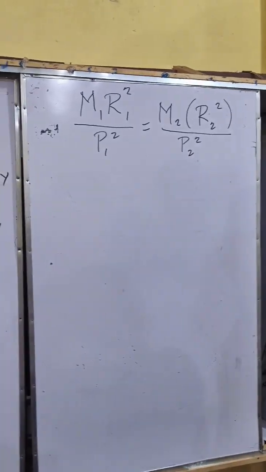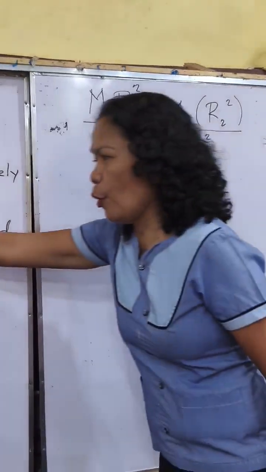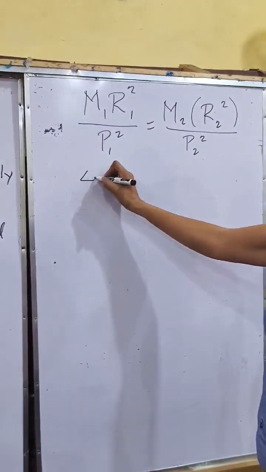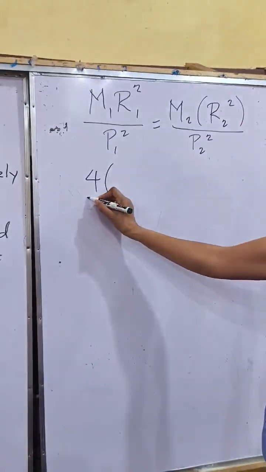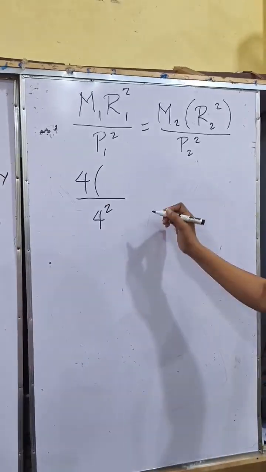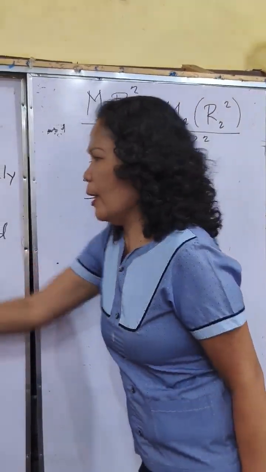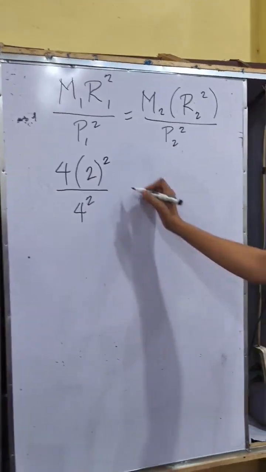Then we have to manipulate by substituting the value of M, which is 4. The first value of P is 4, and don't forget that is squared. And the first value of R, that is 2. Do not forget that is also squared.